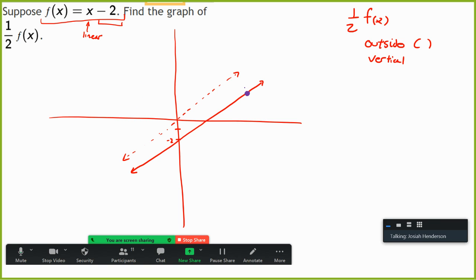So here's a purple point on the original parent graph. But if I were to keep its x where it is, so it's going to be above or below, right? The x stays the same, but the y, the vertical, is being multiplied by a half. Well, halfway between here and the x line is right in the middle.